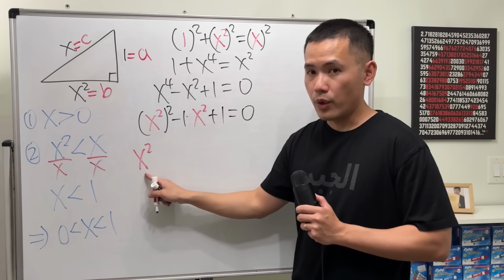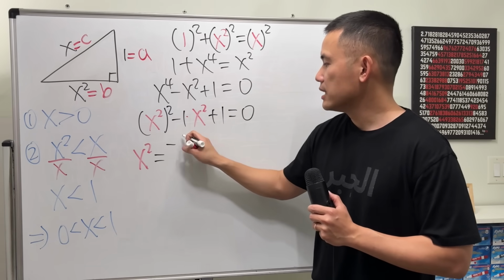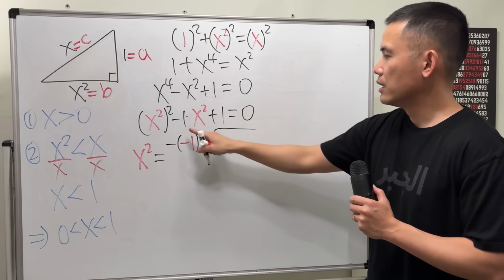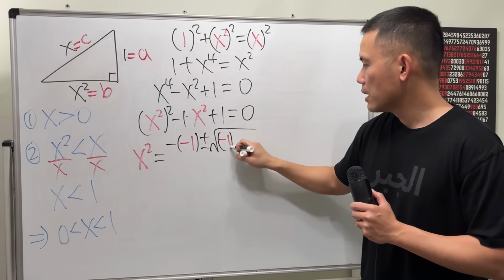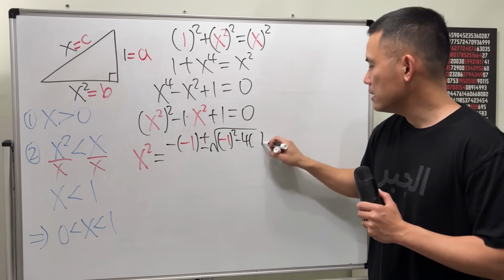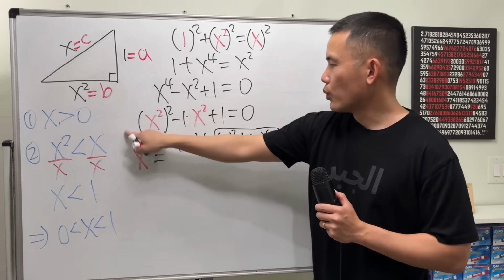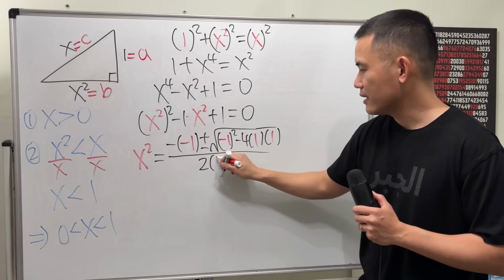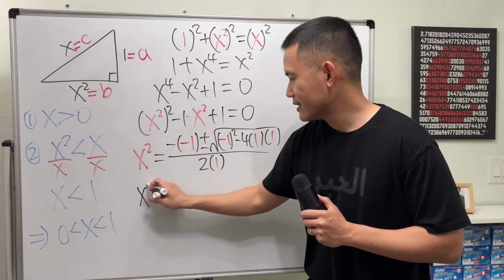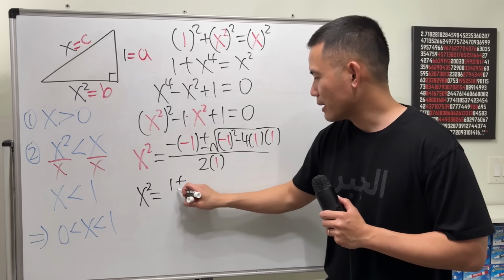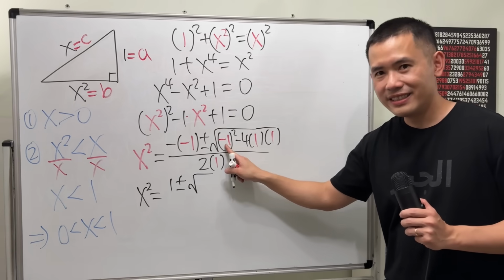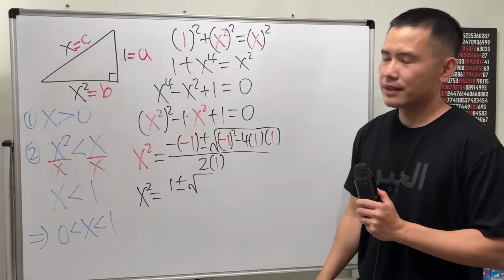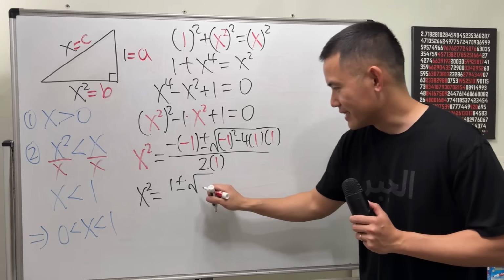The input x squared is equal to negative b, which is the negative 1 here, plus or minus square root of b squared minus 4ac. a is 1, c is 1, all over 2 times a. And then work this out. That's 1 plus or minus square root. What's this? 1 minus 4, we get negative 3.